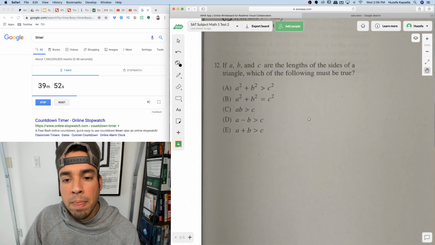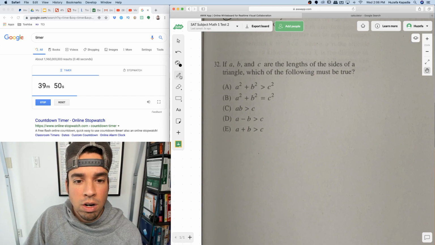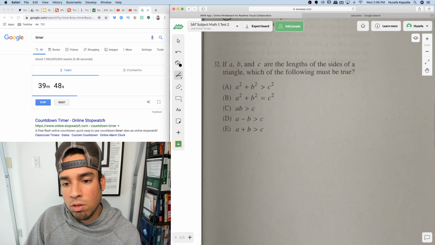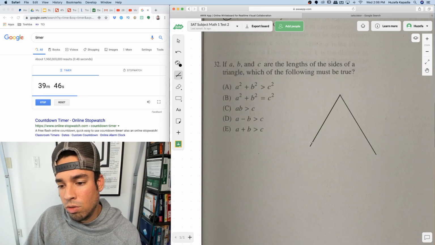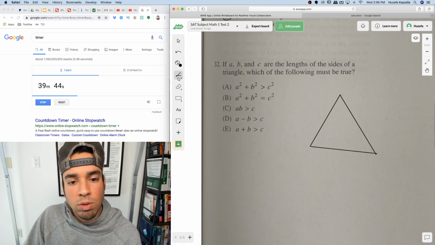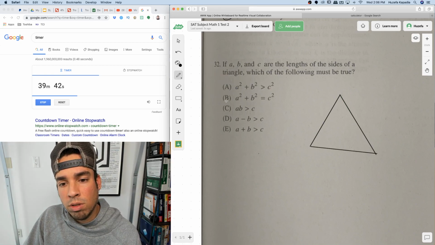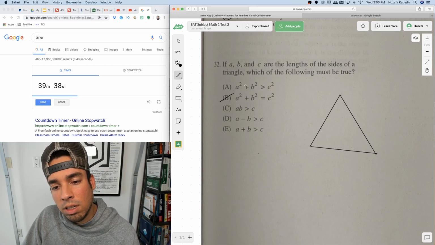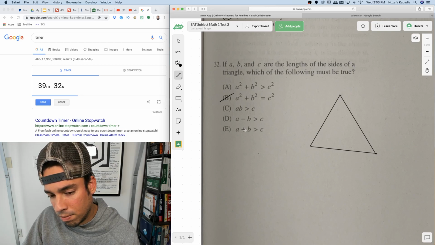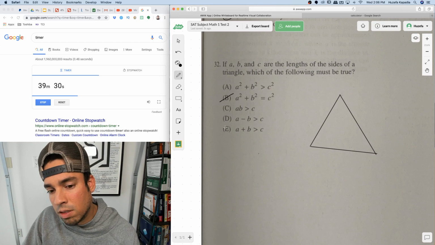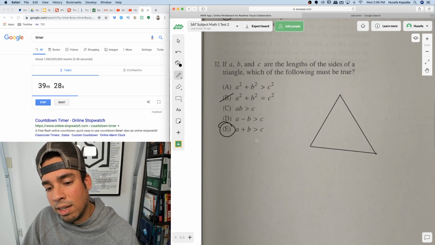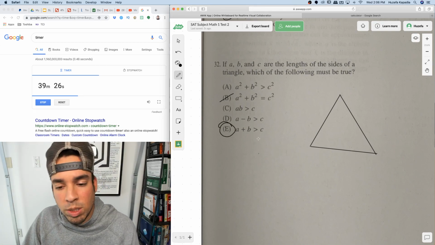Done. If A, B, and C are the lengths of the sides of a triangle, which of the following must be true? Oh, I know what this rule is. A squared. This doesn't have to be true. This is for Pythagorean's theorem. You can't have the sum of any two sides be less than the third.